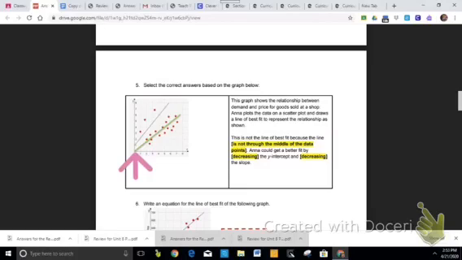And she needs to decrease her slope. Right now, she has a slope of almost 1, but if we decrease it, it becomes less than 1. So the green line would be better.